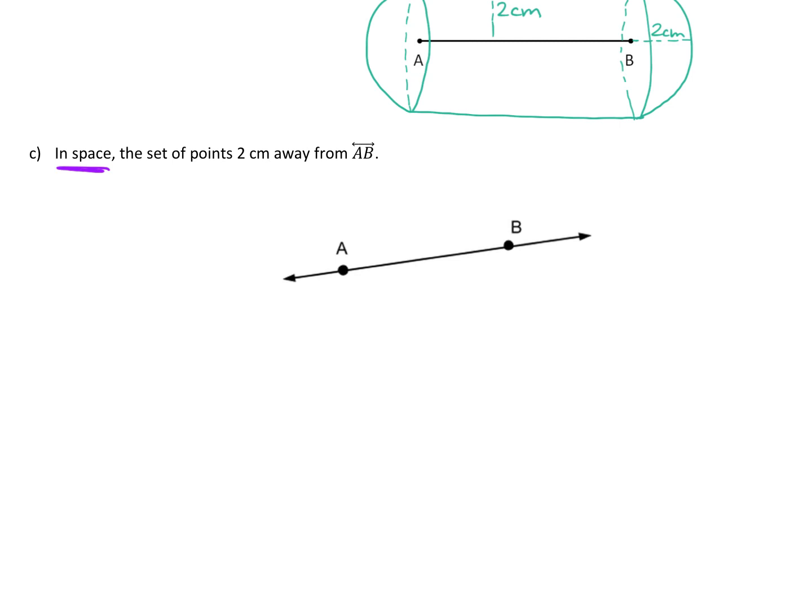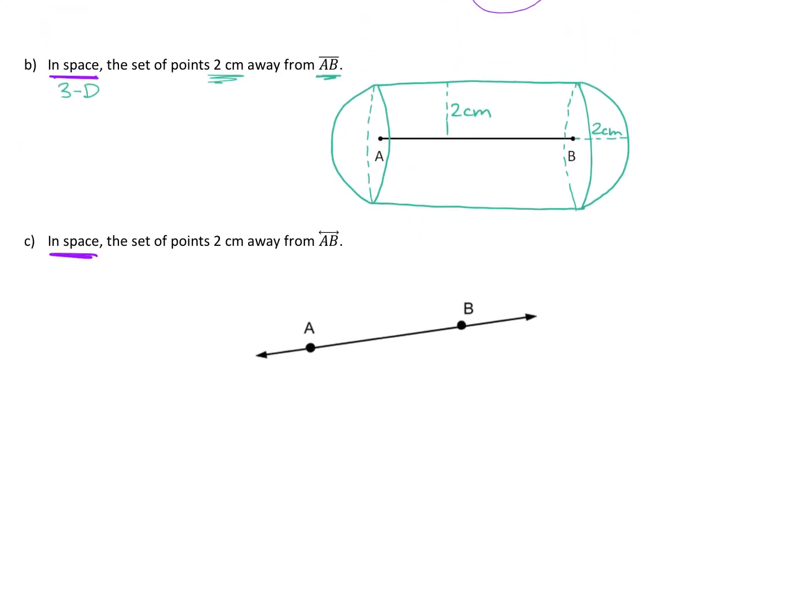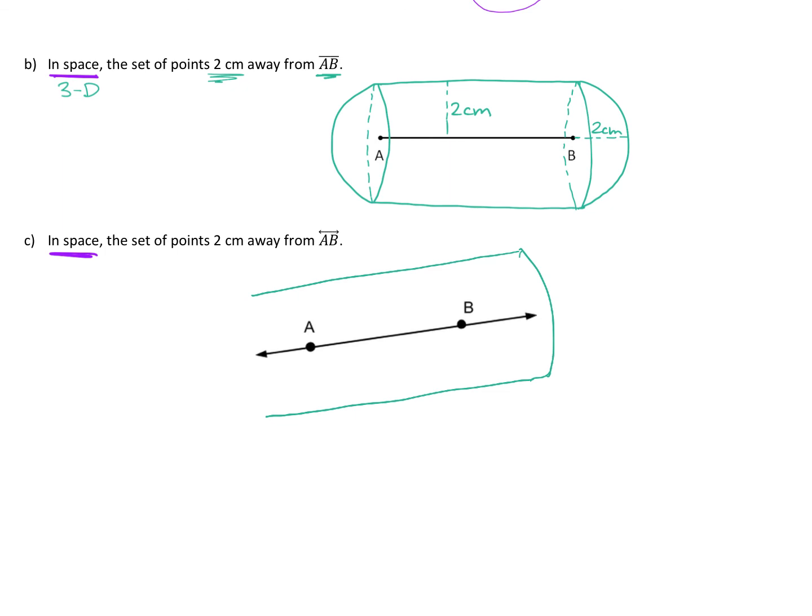So what is this? It is a never-ending tube, right? It is a cylinder that goes on and on and on. Now, that's not drawable. So we just draw it as a cylinder, which is fine. So essentially you have 2 centimeters above, 2 centimeters below, and then just round off your edges and make it a cylinder.